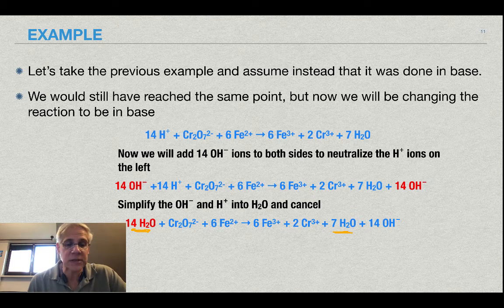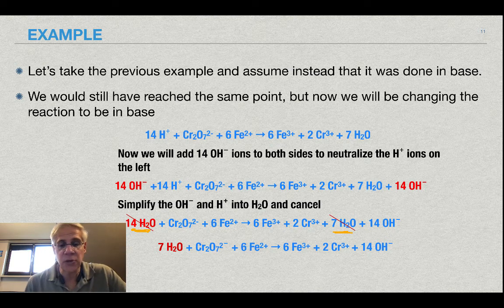Since I have 14 in the reactants and 7 in the products, 7 of those are going to cancel and leave me with a net 7 waters on the reactant side, and I still have 14 OH minuses on the product side. And that is my balanced reaction in base. It's a very simple method to balance in base, much simpler than starting from scratch all over again. So that's how we balance our redox reactions, both in acid and in base.